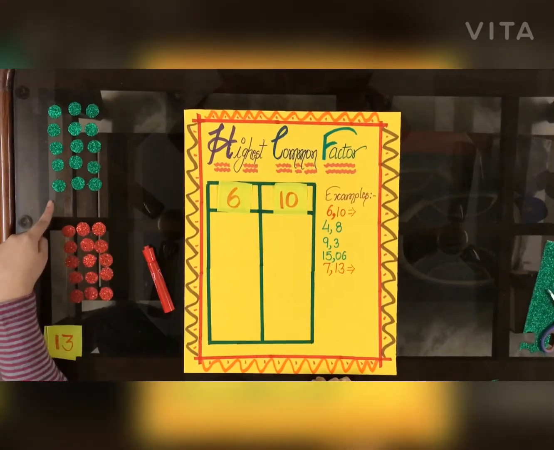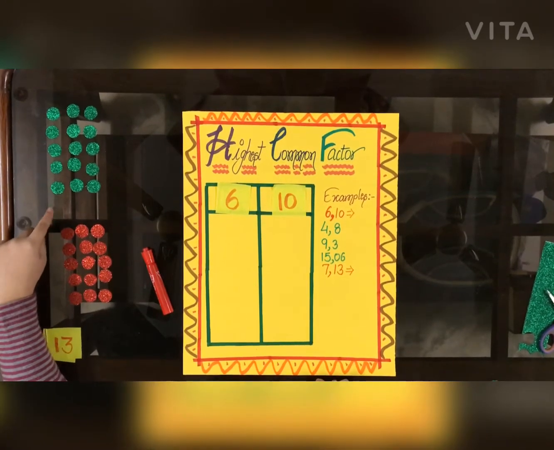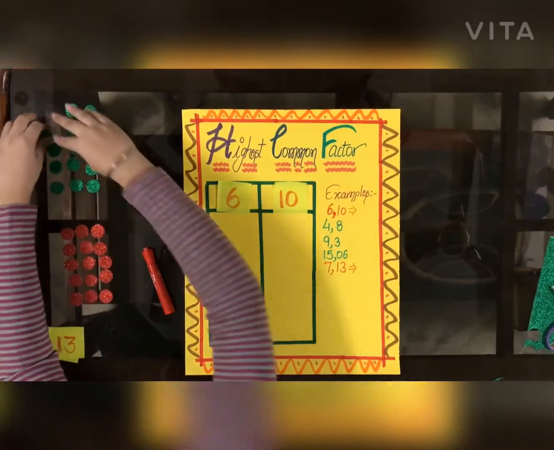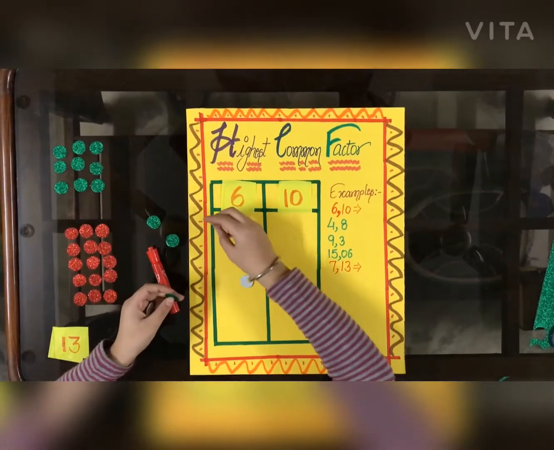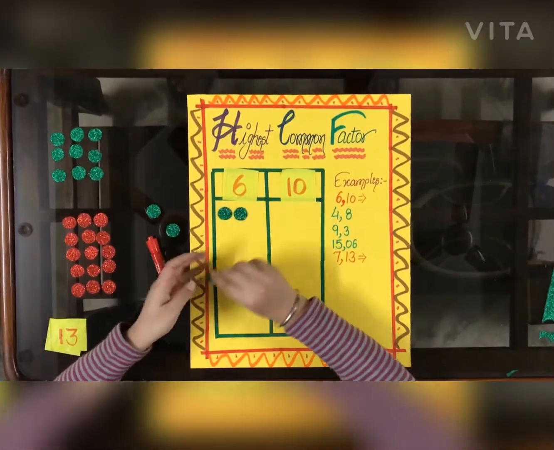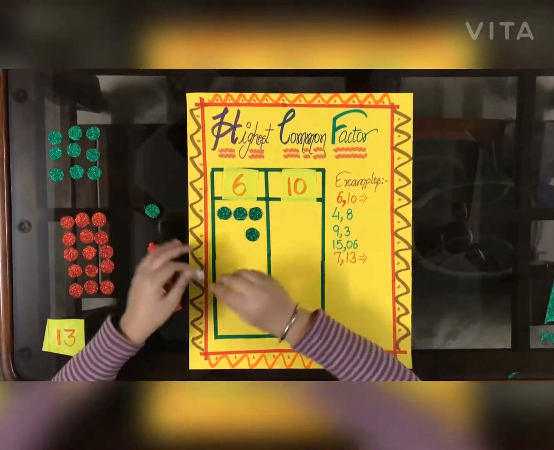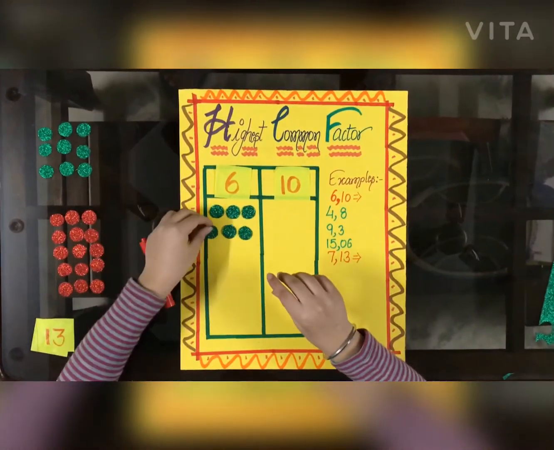Now there are few coins made of foam sheet. We will take 6 coins from green side. 1, 2, 3, 4, 5 and 6.